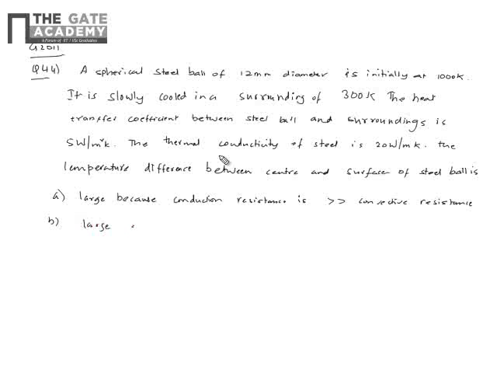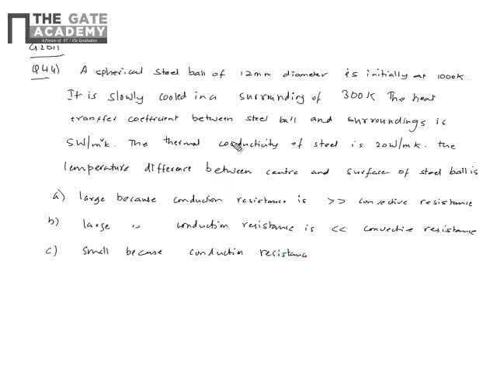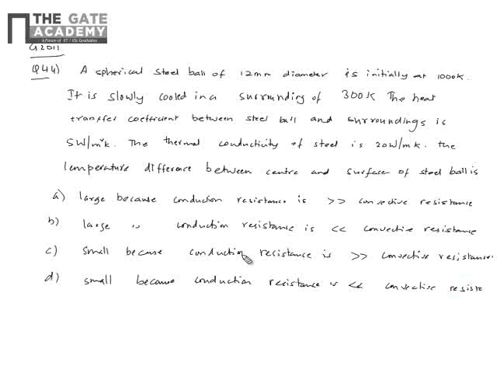Large because conduction resistance is less than convective resistance, and small because conduction resistance is greater than convective resistance, and small because conduction resistance is less than convective resistance. So this is all about the question.